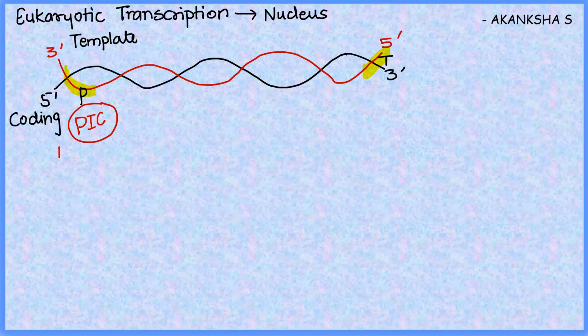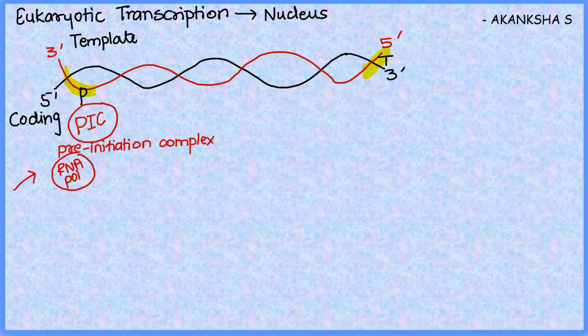PIC is the pre-initiation complex. There are many transcription factors, n number of them, which come together for recognition of the promoter and terminator. You have not been given the exact names or number of PIC factors which are joining, but this PIC is the one which will help in bringing RNA polymerase.